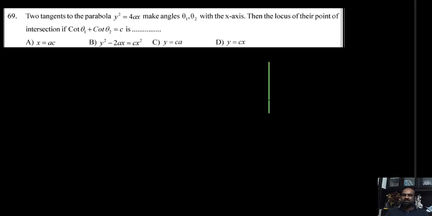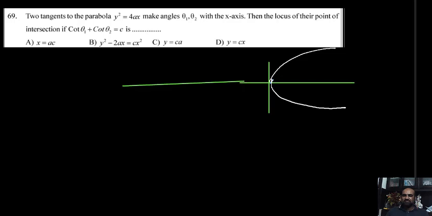Observe here, students, this is our parabola. I will extend the x-axis, the actual x-axis.